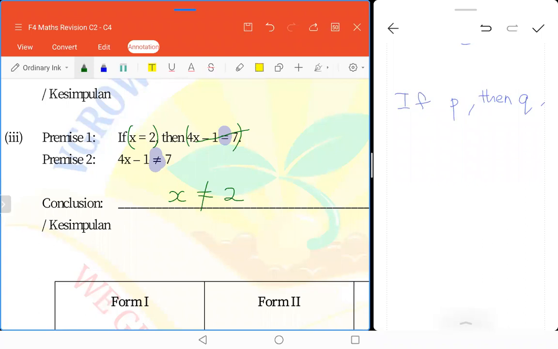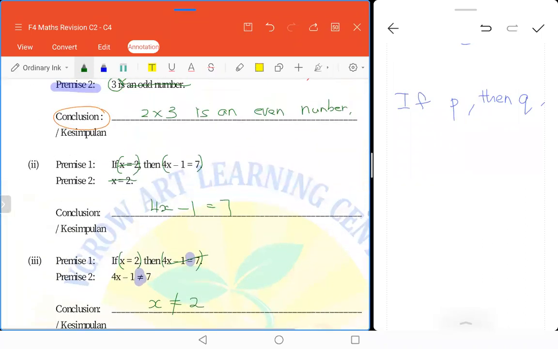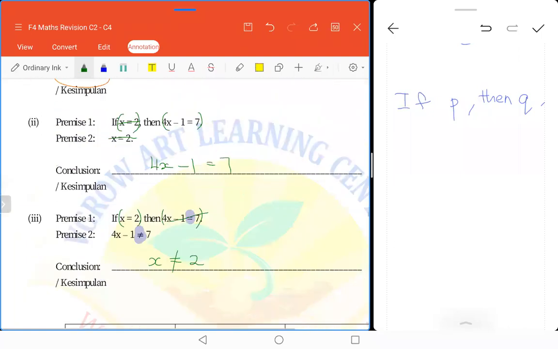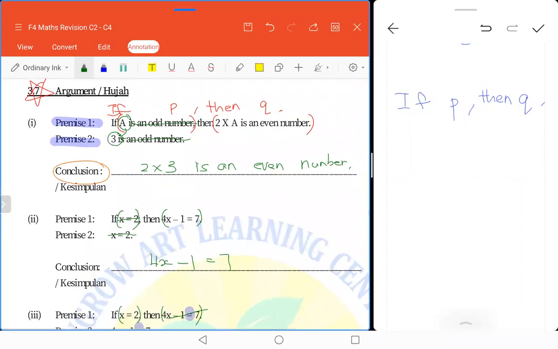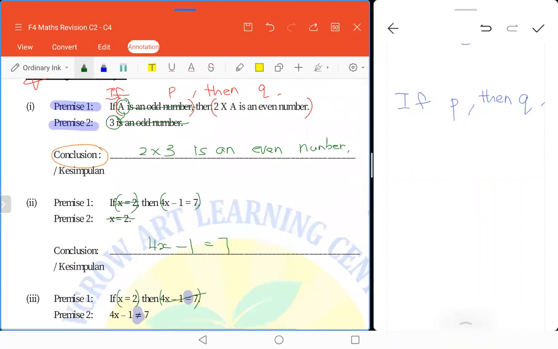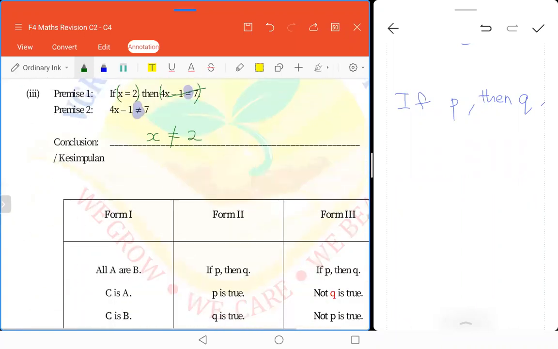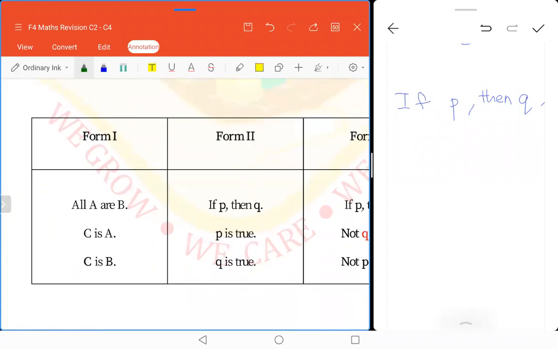Right? Okay, so this is how we do the argument. So in conclusion, we have three examples here. In general, form 1 is the first example just now.